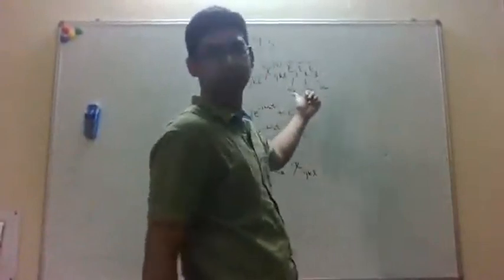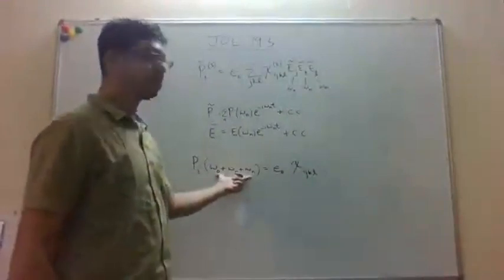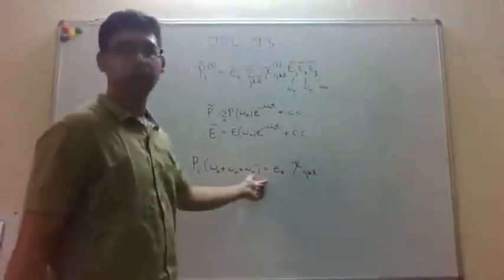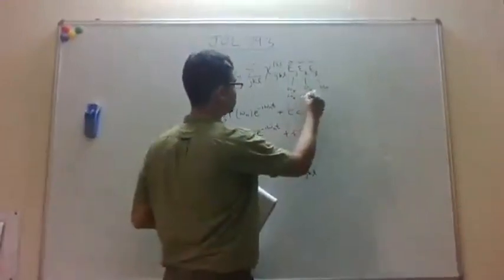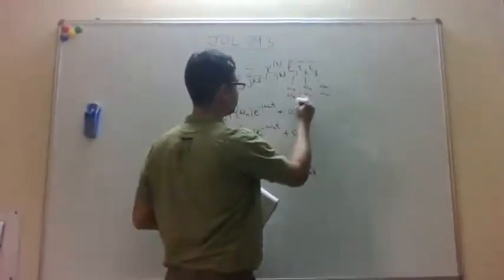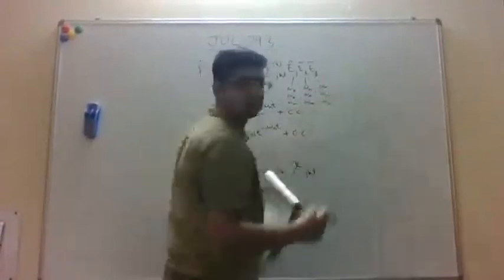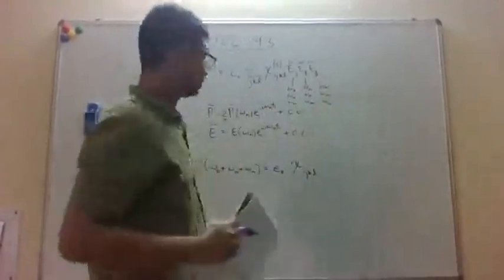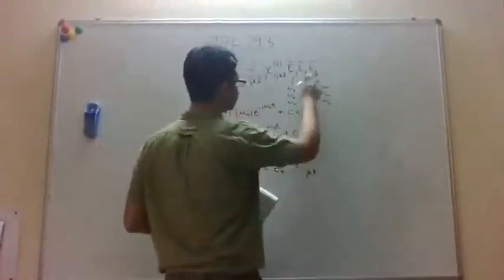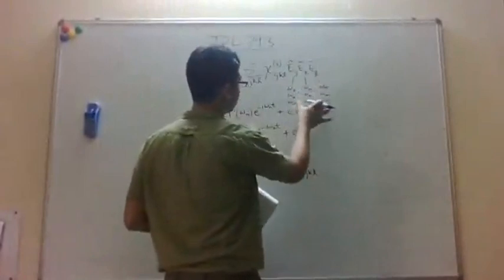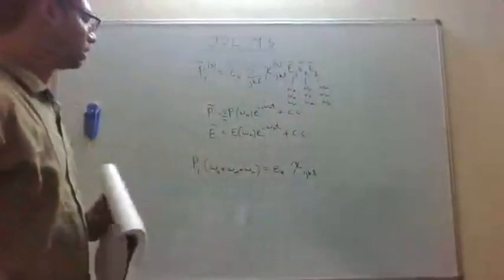But I could have permutations, because all I care is that the sum is omega naught, omega n, omega n. So I could have combinations like omega n, omega naught, omega n, and omega n, omega n, omega naught. Those are the number of permutations of the different frequencies.